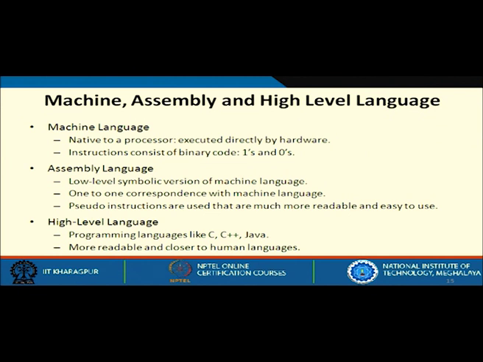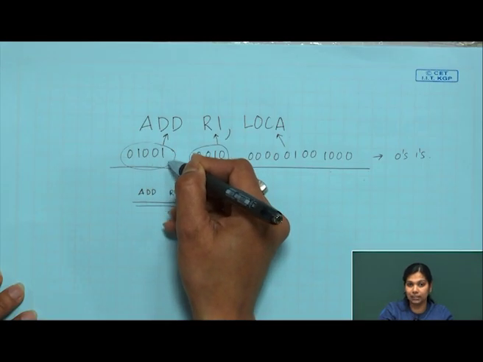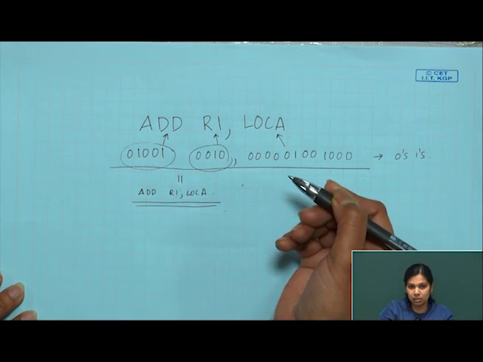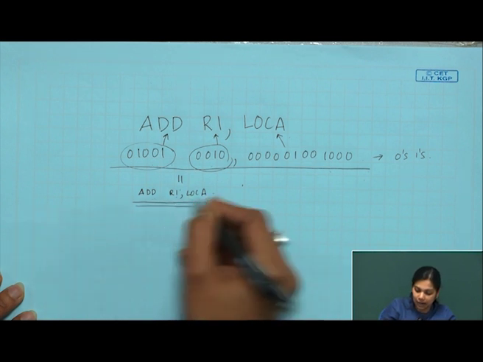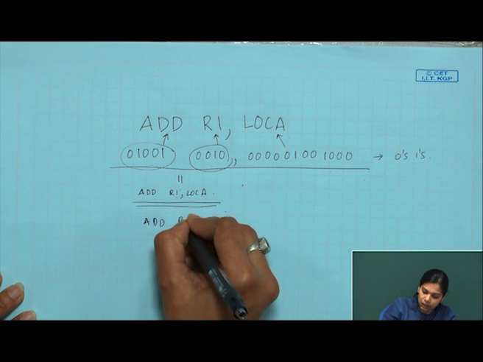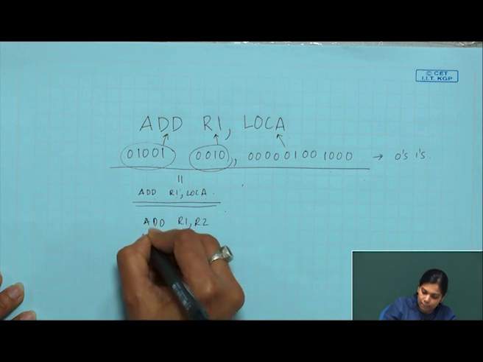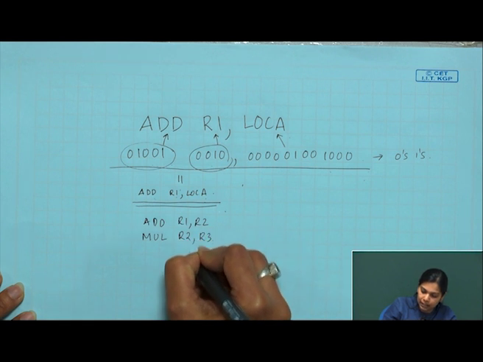Pseudo instructions are used that are much more readable and easy to use. What do I mean by much more readable and easy to use? Of course, it will be difficult for me to remember 0110 is add, but it will be very easy for me to remember this one is add. So, I can write an instruction add R1 comma R2, mul R2 comma R3 and so on.